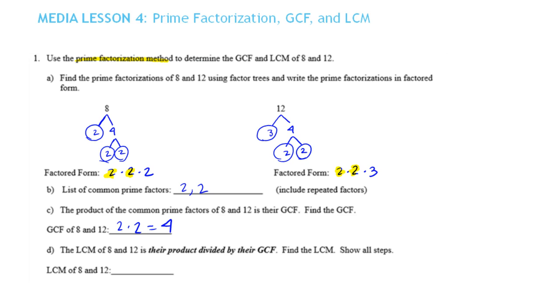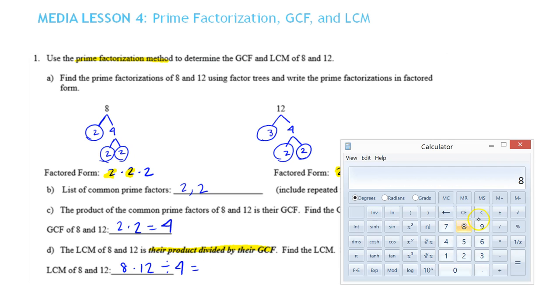Now here's a really nice result. The least common multiple of 8 and 12 is their product divided by their GCF. So let's find the least common multiple. The product of 8 and 12, 8 times 12, divided by their GCF. So 8 times 12 equals 96, divided by 4 equals 24.